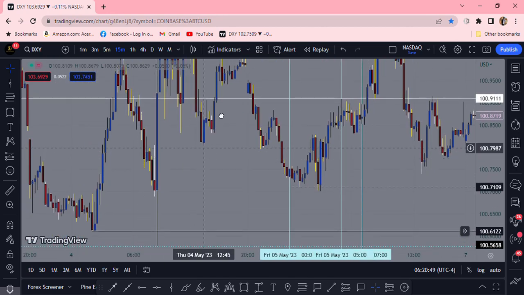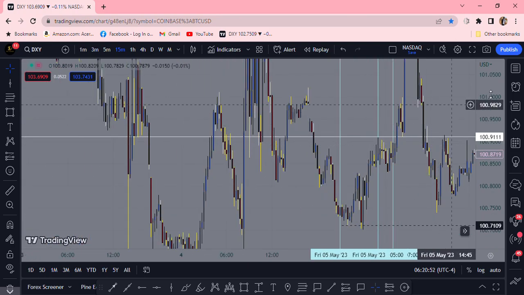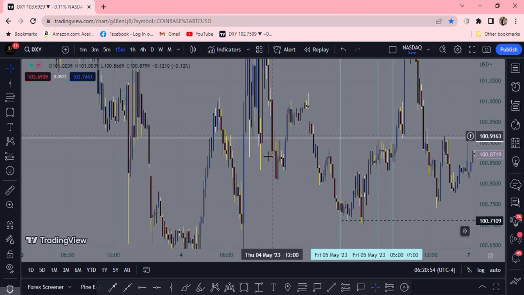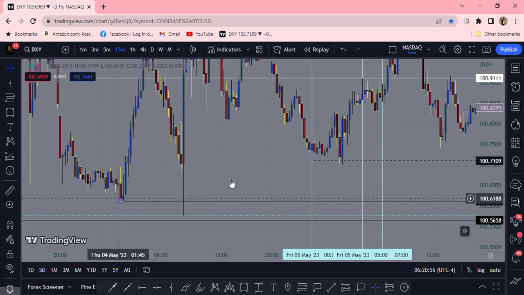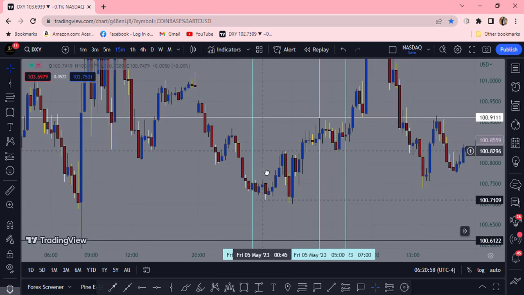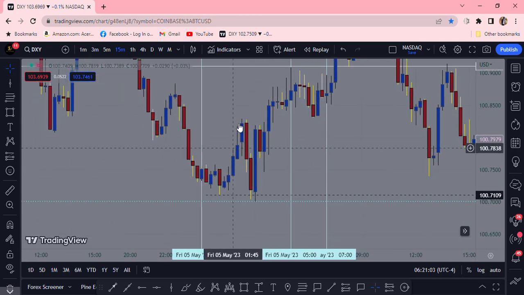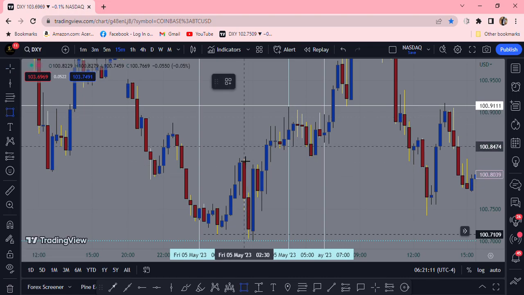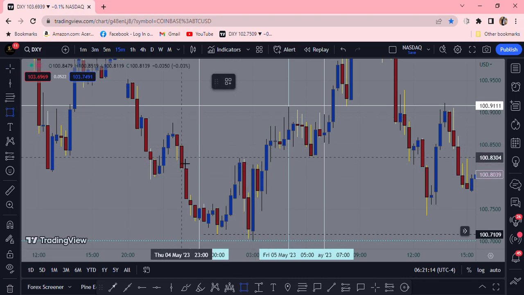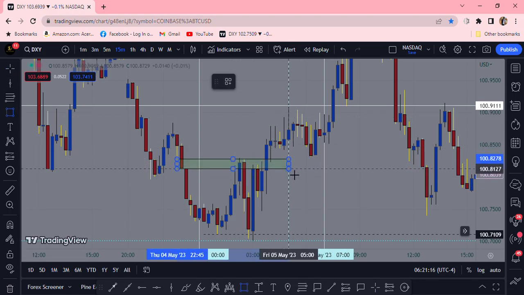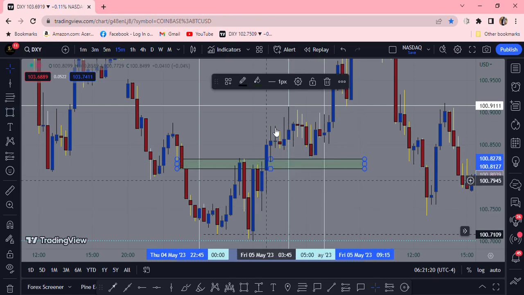I already marked my highs and my lows on the 1 hour. During the London session, the market went down to take out this sell side liquidity, sell stops, and then broke the breaker.